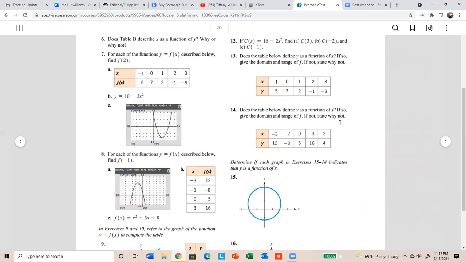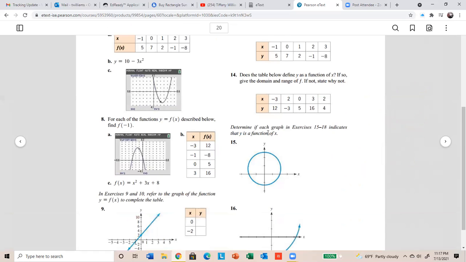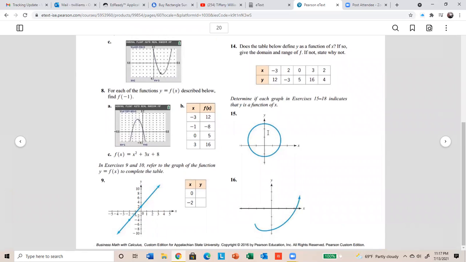Let's go on and look at, oh man, we got to do number 8. Number 8 is cool. So number 8, for each of the functions y equals f of x described below, find f of -1. So they're giving me a graph here. We've got a table, and then we've got this lovely equation right here.